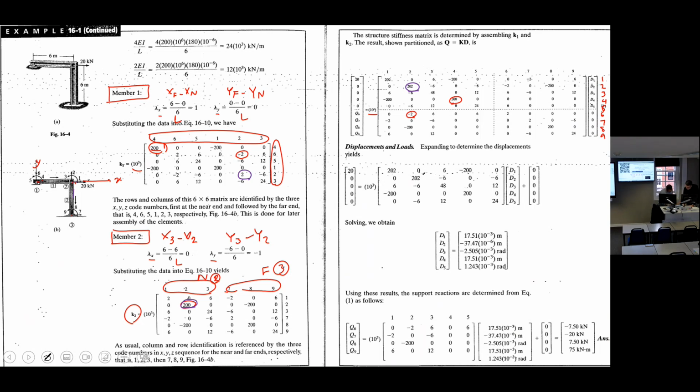I took it from the left. Yeah, you took it from the left. And my equation is here. Okay. You get this one. That's correct. You got like this.